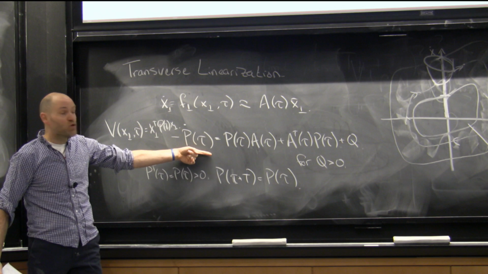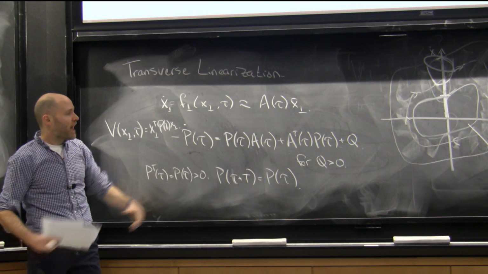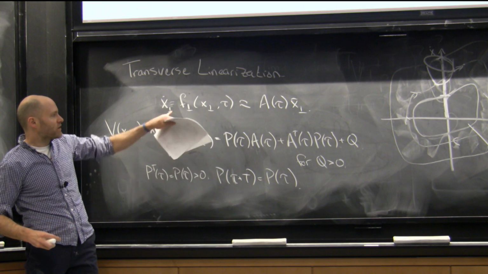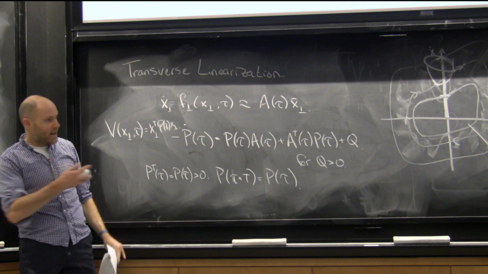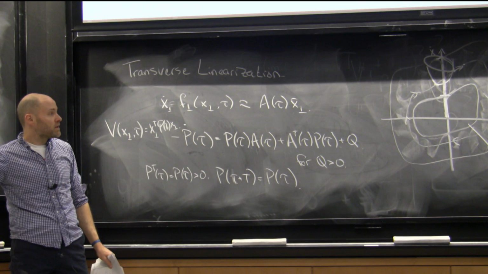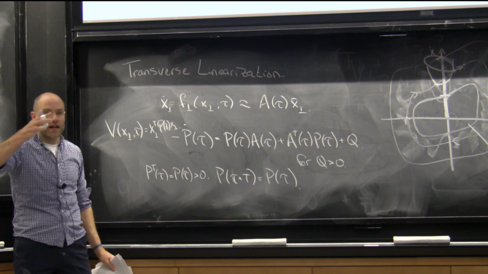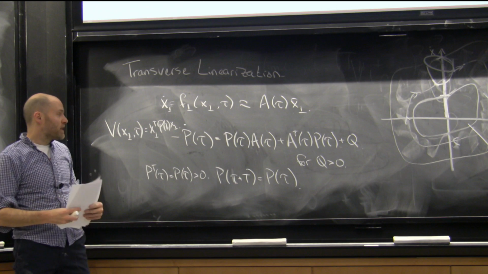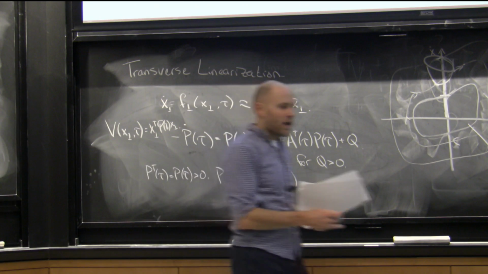I can also do LQR on the transverse linearization. If I have a control system in my perpendicular coordinates, A x perp plus B u, I can design a controller that stabilizes my trajectory over a cycle by integrating the Riccati equation backwards in time. And it works, right?